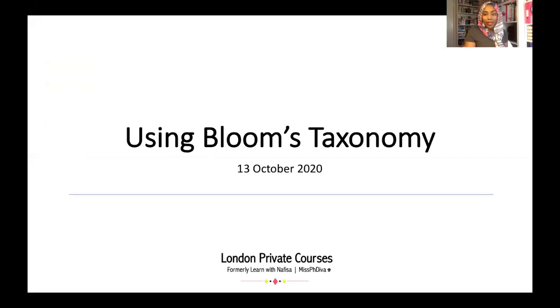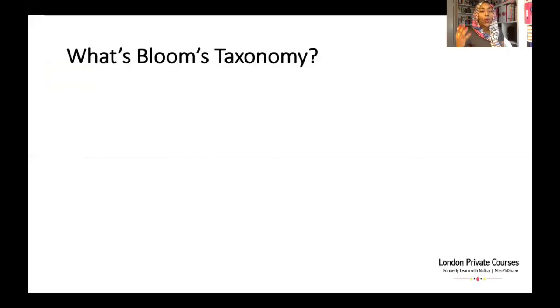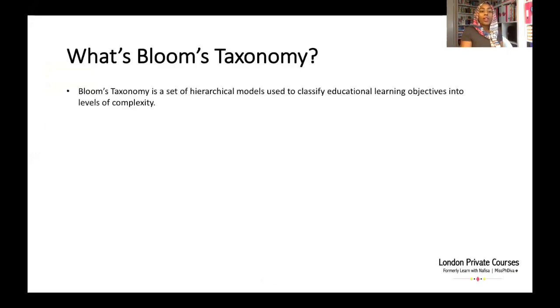So, using Bloom's taxonomy, if we start first with simply what is Bloom's taxonomy. If you are an educator, you probably are familiar with it, but if you're not, absolutely no worries. It's quite a simple concept that is presented quite nicely. Bloom's taxonomy is a set of hierarchical models used to classify educational learning objectives into levels of complexity.